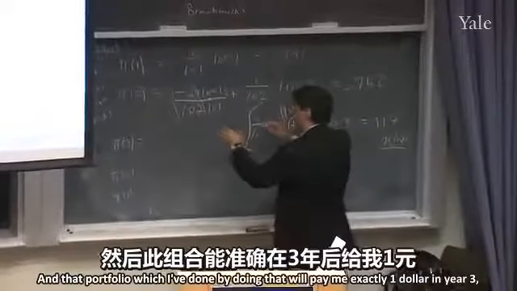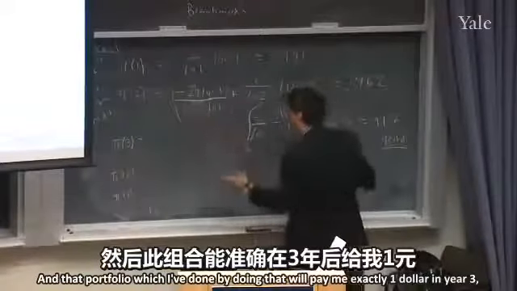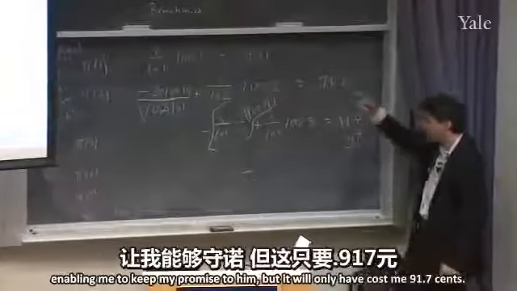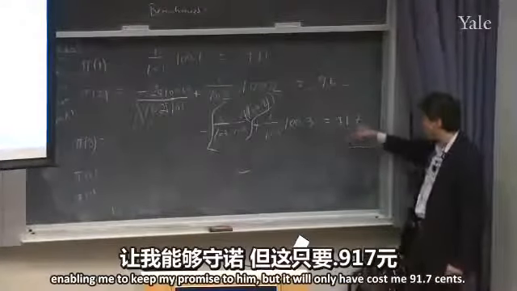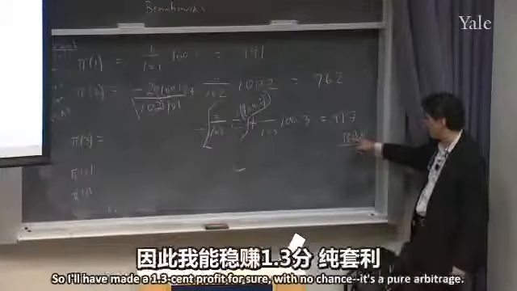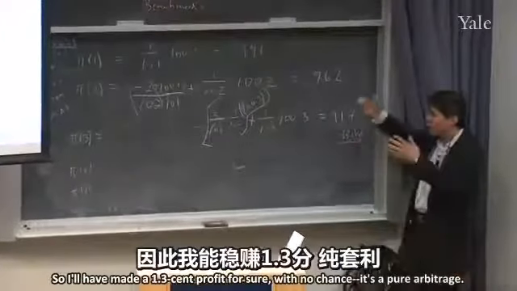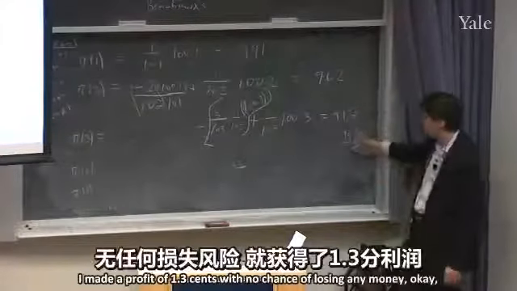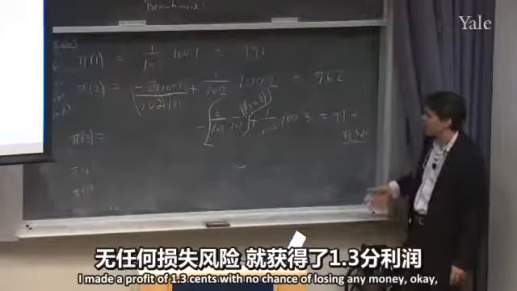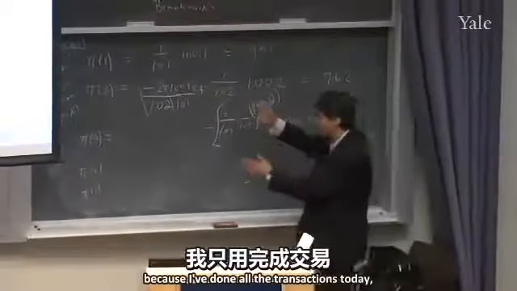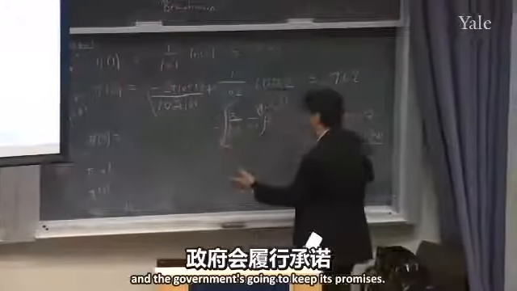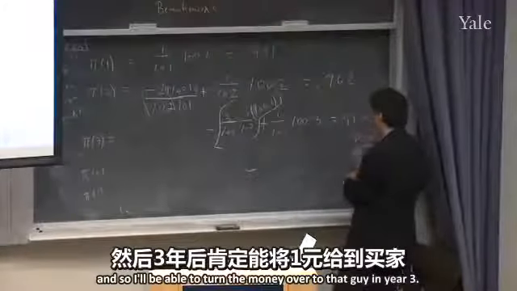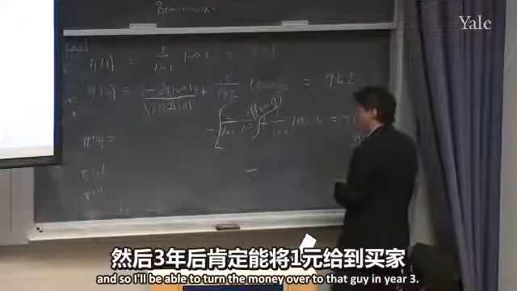That portfolio will pay me exactly $1 in year 3, enabling me to keep my promise to him, but it will only have cost me 91.7 cents. I'll have made a 1.3 cent profit for sure, with no chance. It's a pure arbitrage. I've done all the transactions today, and the government's going to keep its promises. I don't have to worry about the government giving me the money, and so I'll be able to turn the money over to that guy in year 3.